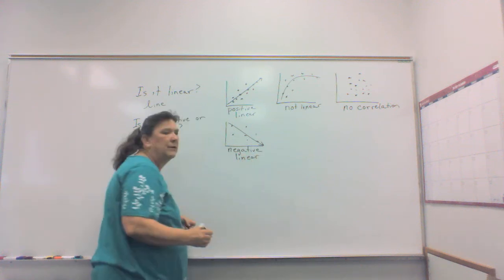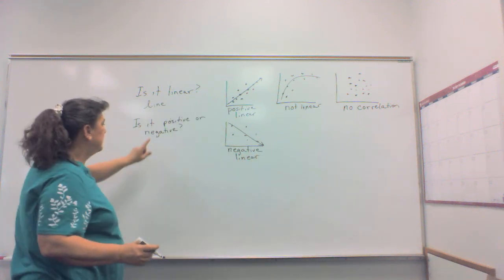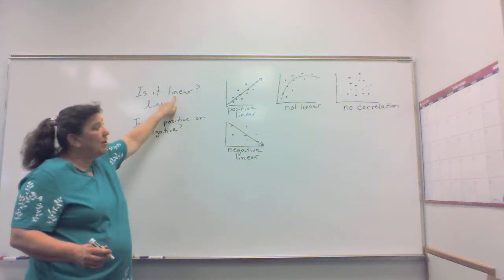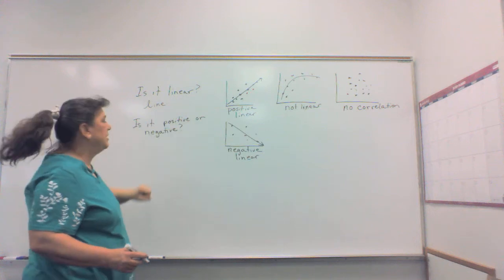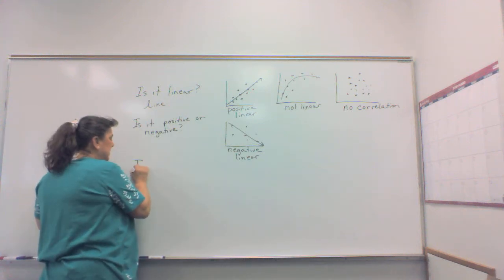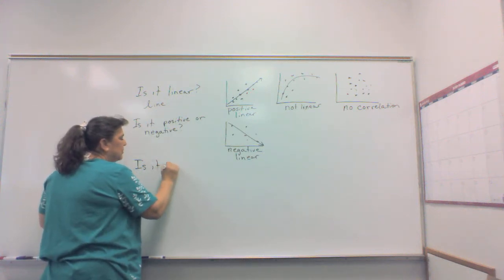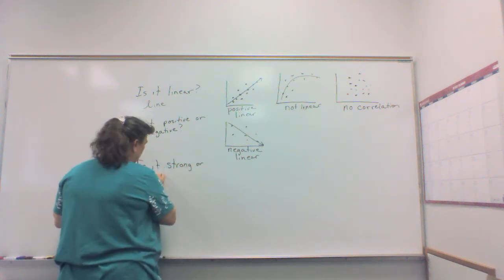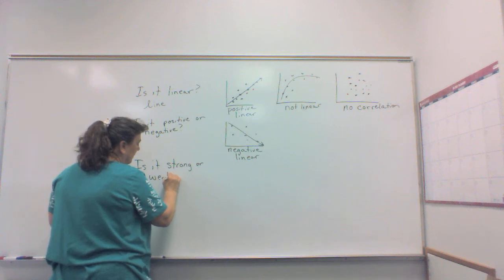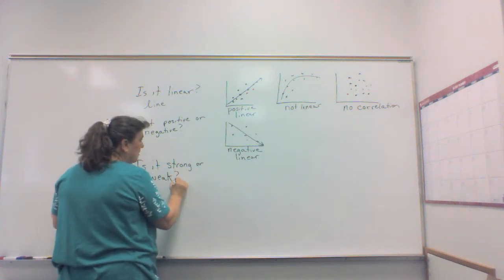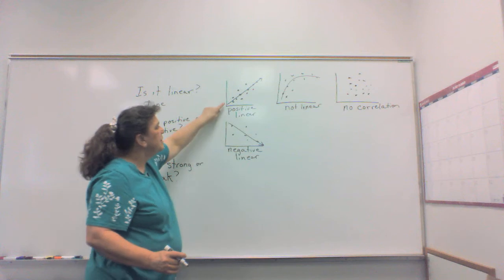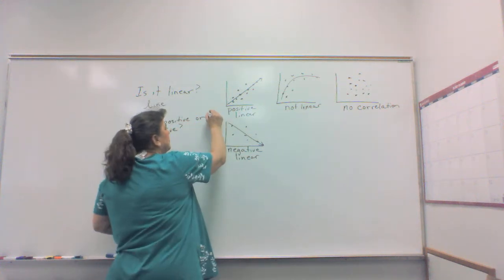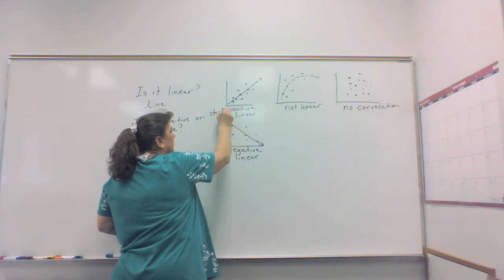Okay? So positive or negative, linear or non-linear or no correlation. And the last one is, is it strong or weak? If we look at this one up here, this one would be considered a strong positive correlation.